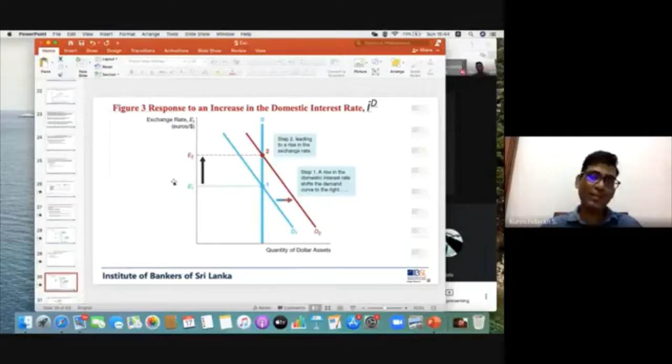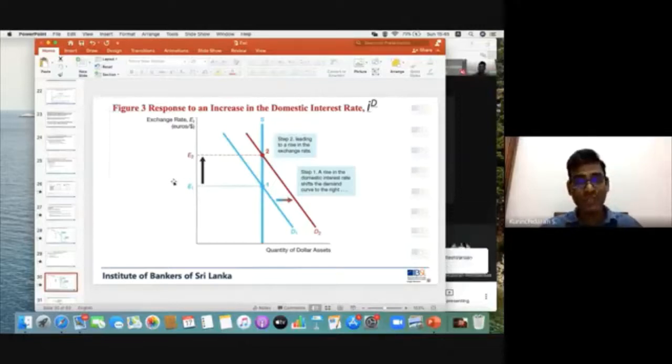Or you can buy US treasury bills or securities that will give more return. To buy that, you need more US dollars.